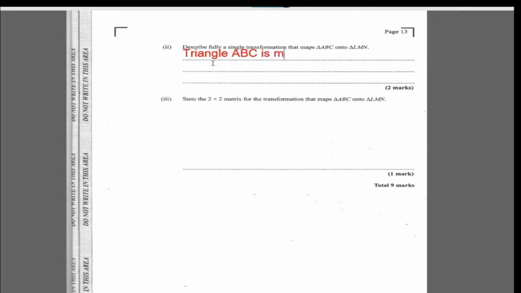Triangle ABC is mapped to triangle LMN by a 180 degree rotation in the clockwise direction about the origin.